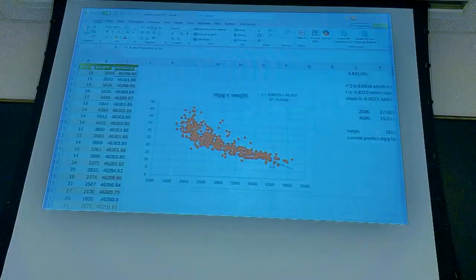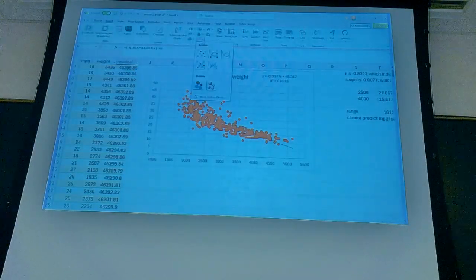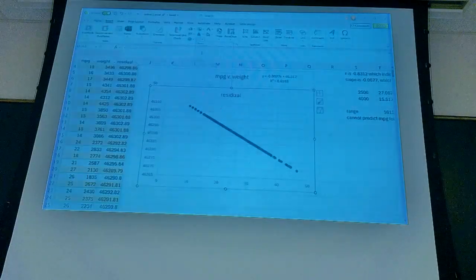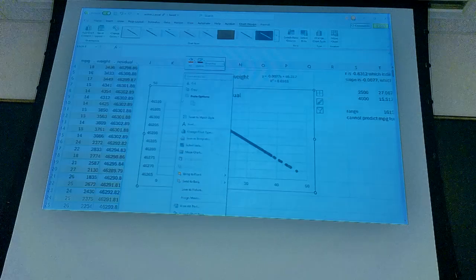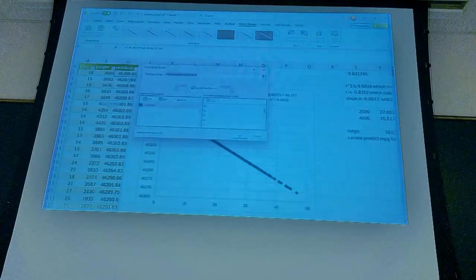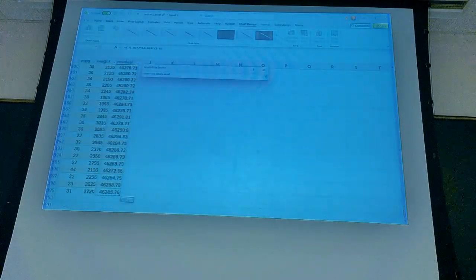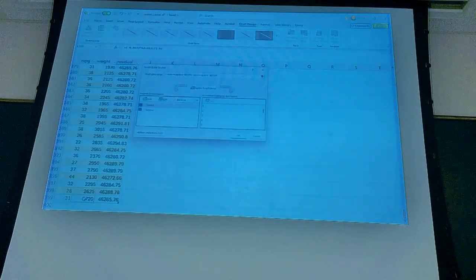But now I get to my x stays the same, my y becomes the residual.